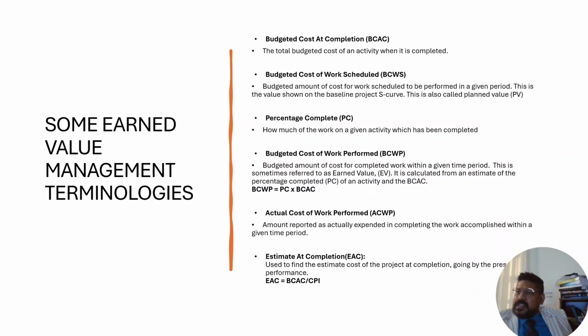Some earned value management terminologies: BCAC, budgeted cost at completion; BCWS, budgeted cost of work scheduled; PC, percentage complete; BCWP, budgeted cost of work performed; ACWP is actual cost of work performed, and estimate to complete is BCAC upon CPI, budget cost at completion upon cost performance index.